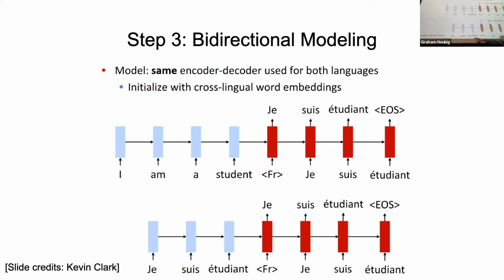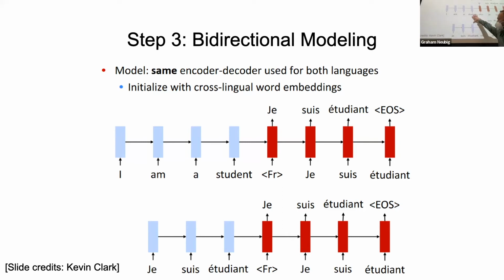And the idea of what you do here is you train a model to output French, but you have the input be either French, so it's like an auto-encoding objective, or English here. If you have this French token here, this is basically saying, I want you to generate French next. So the model is basically guaranteed to generate French.